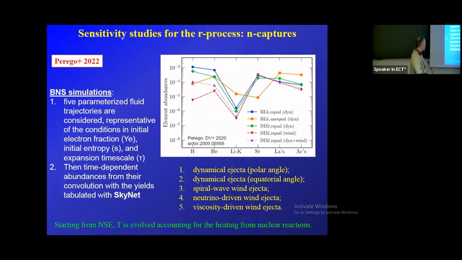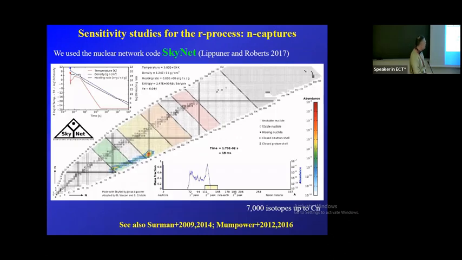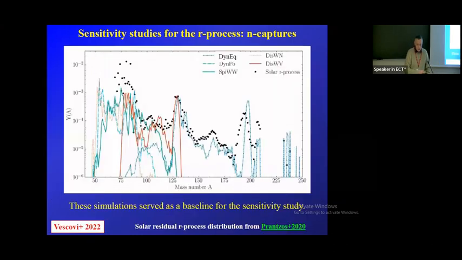And for all of these components, the time-dependent abundances have been obtained by convoluting the yields calculated with the Skynet code. The Skynet code is a freely available code, which basically allows you to calculate r-process network distributions.